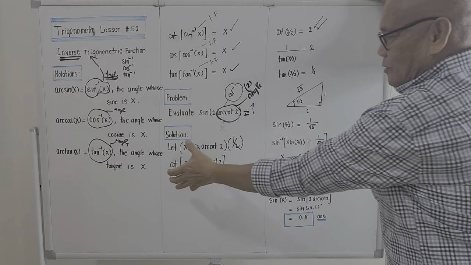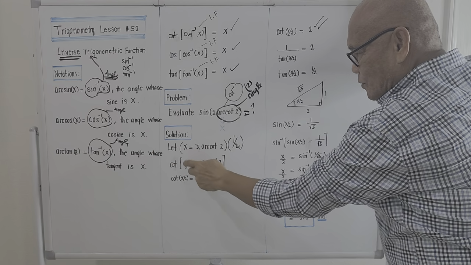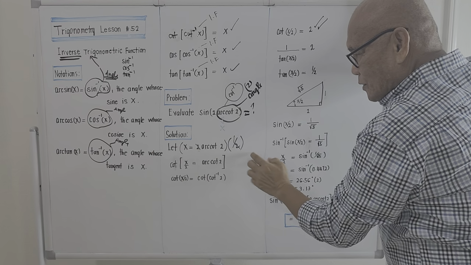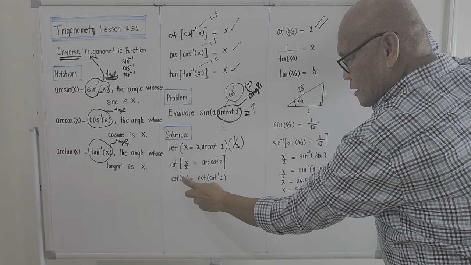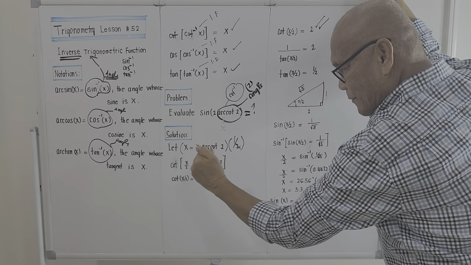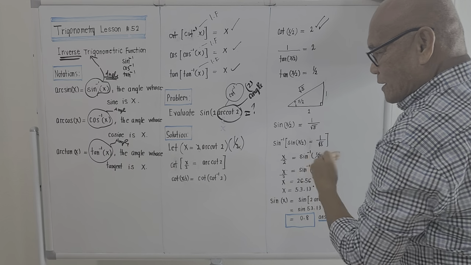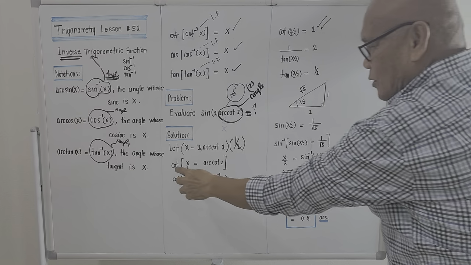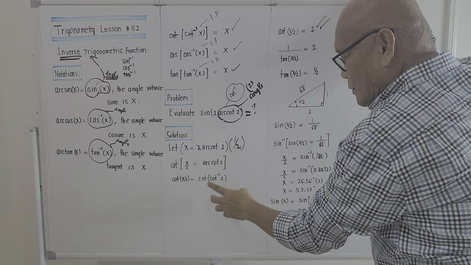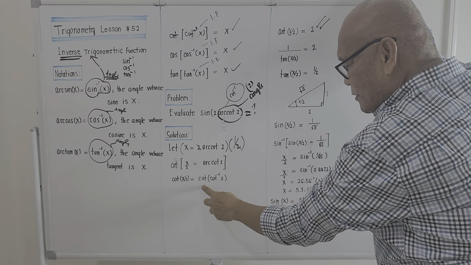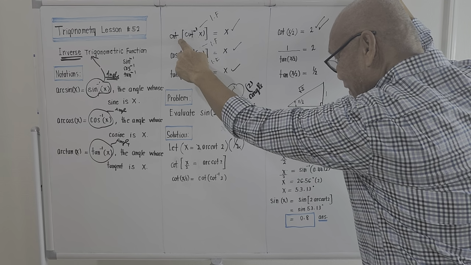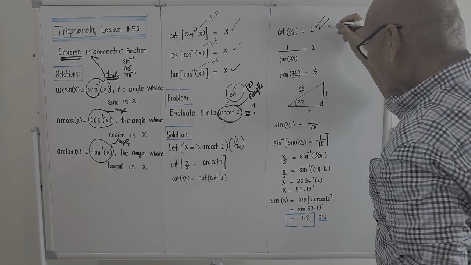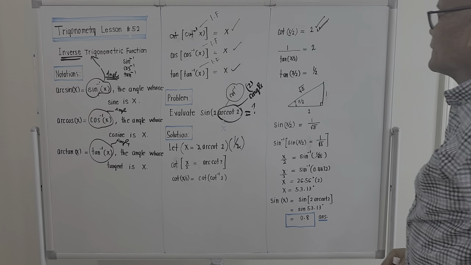The cotangent of x over 2 equals the cotangent of arccotangent of 2. If we expand this, the left hand side is the cotangent of the total angle x over 2, and the right hand side, the cotangent of cotangent to the minus 1 of 2, will just be simply the given number.